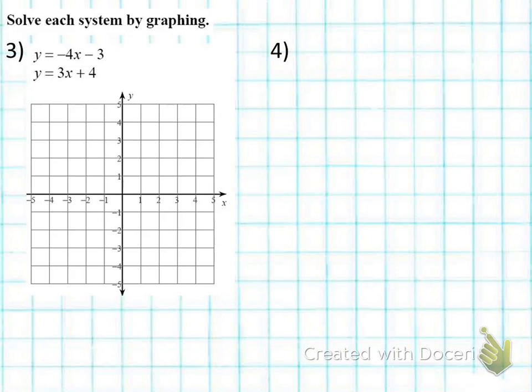Okay, so on this example, your first line, second line is positive 4. Okay, and that's your point right there, okay?